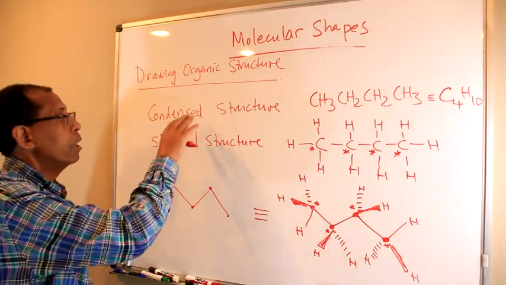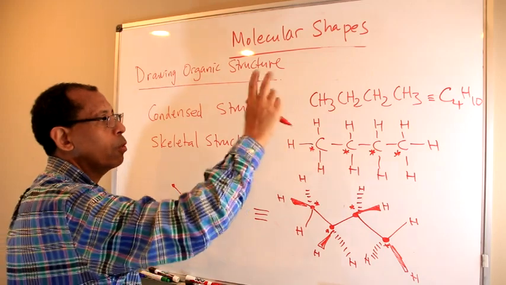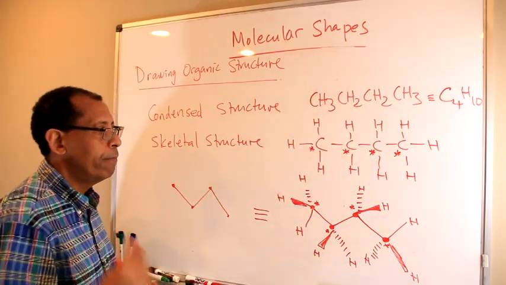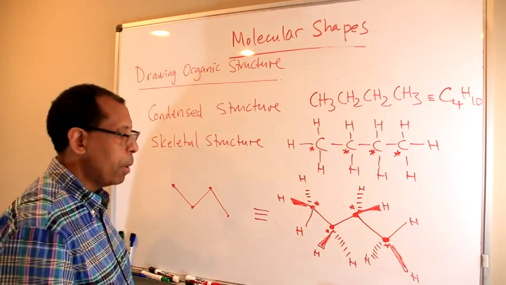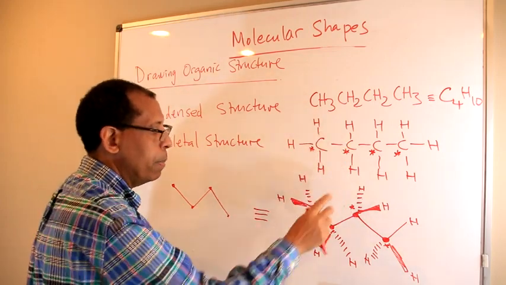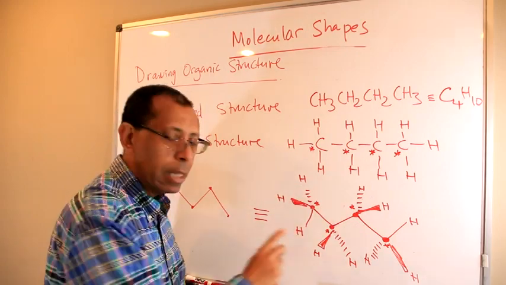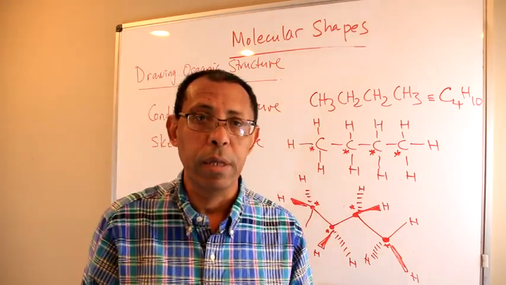So with a condensed structure like that, you have to write all the hydrogens, carbon, and all that. But once you become very familiar with how to draw organic compounds in a tetrahedral form, you go to the next step and start practicing drawing this tetrahedral shape, which is actually how the molecule exists.